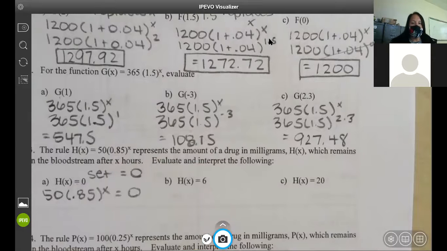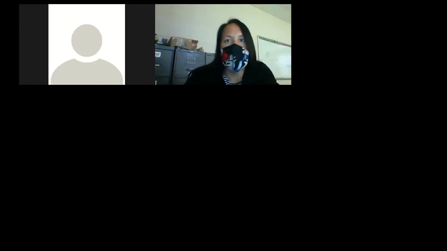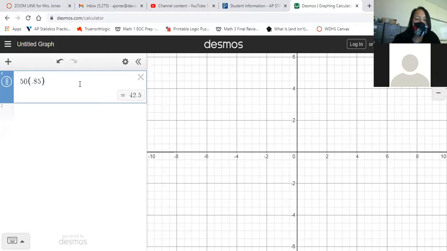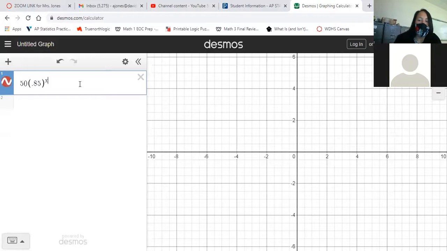What I would suggest on this one, and I'm going to stop sharing for a minute. And there it is. Share Desmos with you. Remember how we do these? One side goes in one side, and you can either put y equals or you can type the whole function.